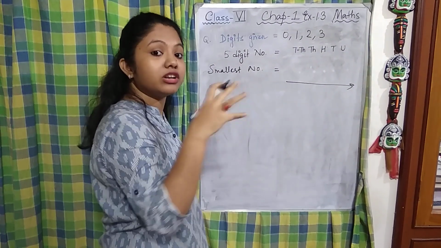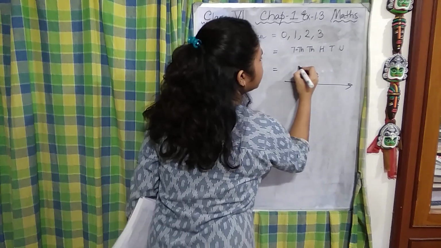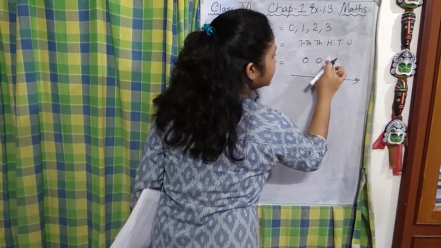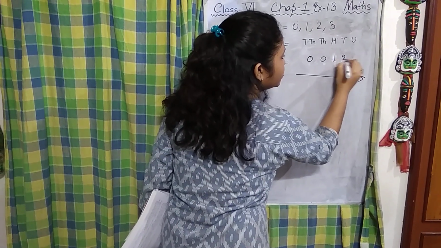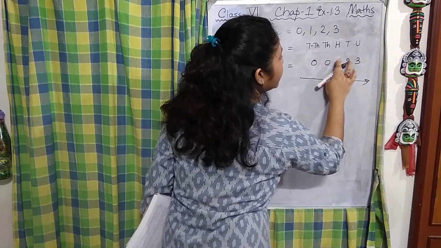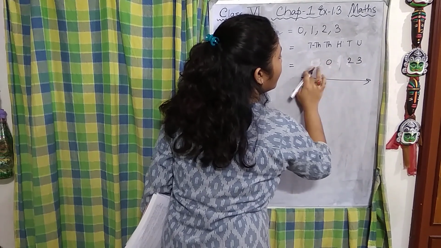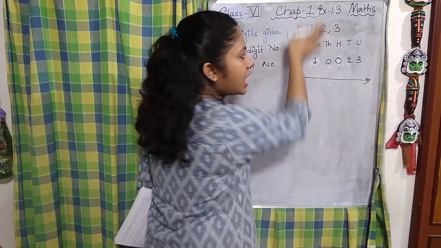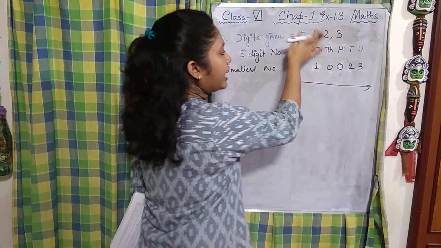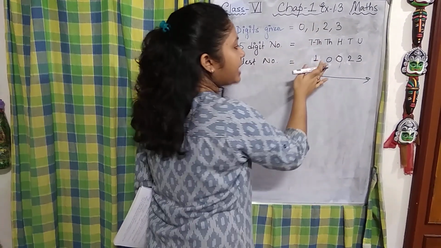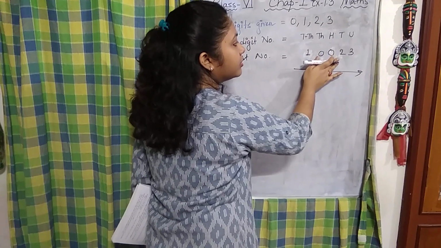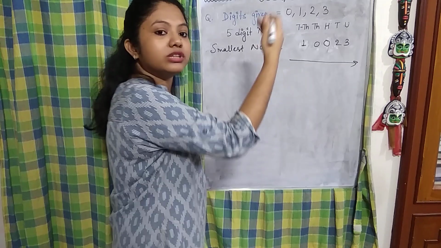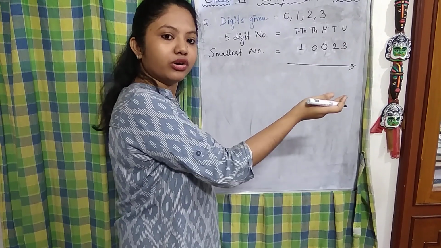We will use the smallest number at the maximum, like 0, 0, 0, 0, 0, 1, 2, 3. No, 1 is the second smallest number, so we'll put it in the extreme left, in the maximum value position, and then we'll put the smallest number in the other positions. Then we'll follow the similar ascending order manner.